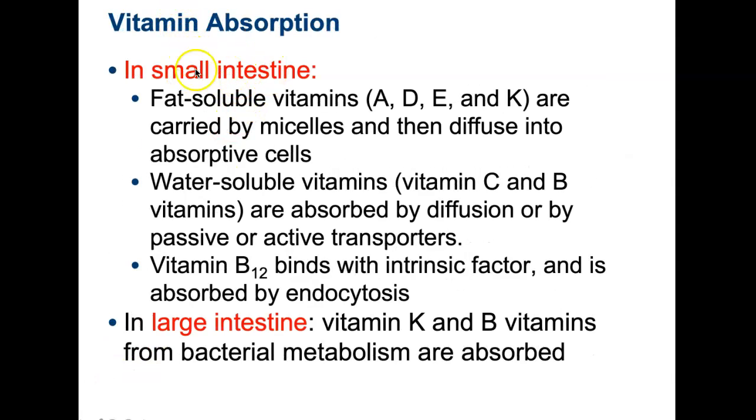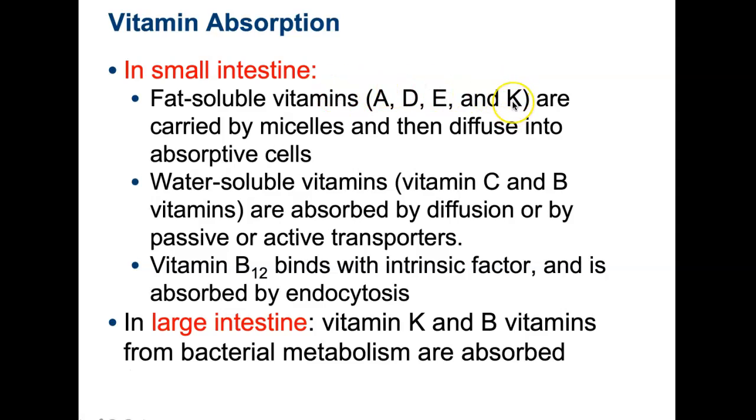In the small intestines, we can absorb some vitamins, and other vitamins are absorbed in the large intestine. In the small intestine, we can do vitamins A, D, E, and K. A has to do with the retina, like vision, carotenes. Vitamin D is going to help us absorb calcium. Vitamin E's are protective in nature. They protect cell membranes, like those of neurons.